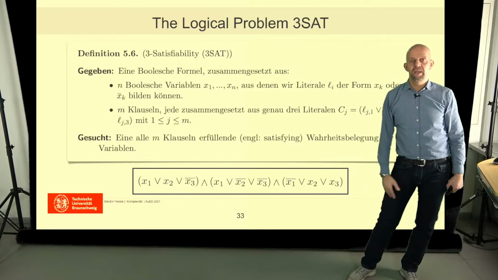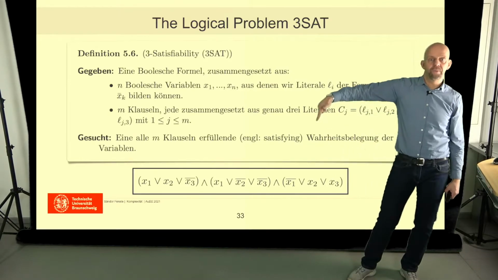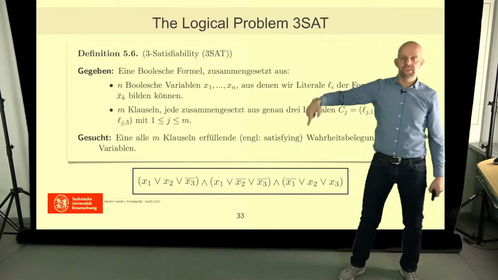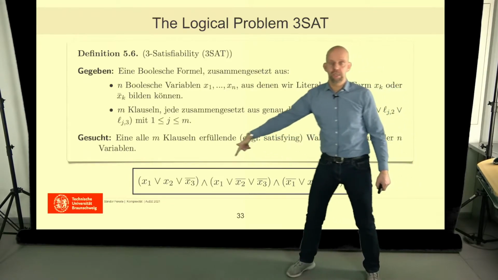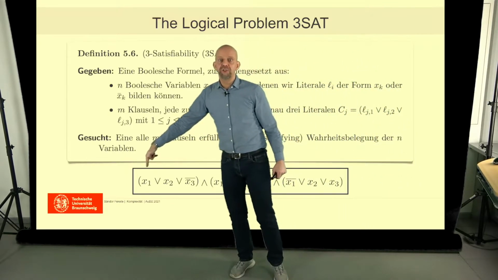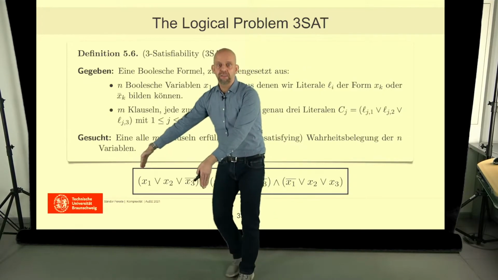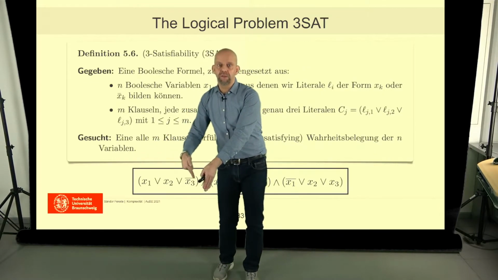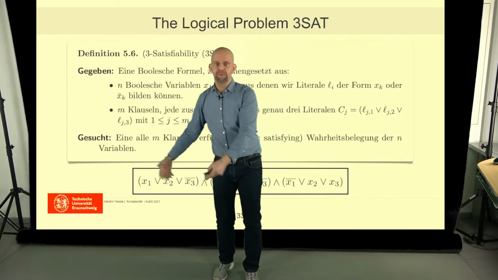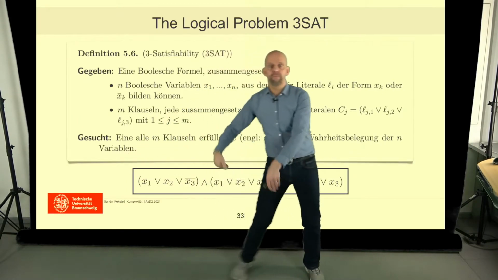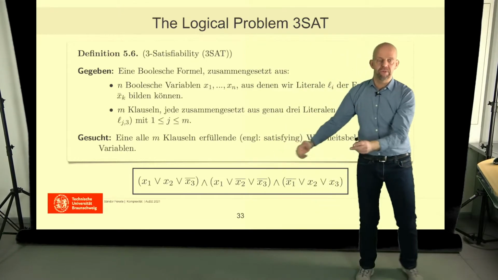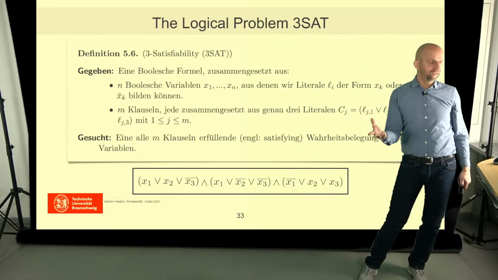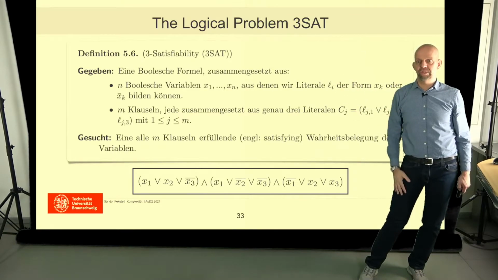What we want is a truth assignment. So an assignment to all these, in this case, 3 variables, such that in each of these clauses, at least one is true. This one, that one, maybe more, maybe 2, maybe 3. For this, and for that, and for that. Which is exactly what we were doing on the previous slide.